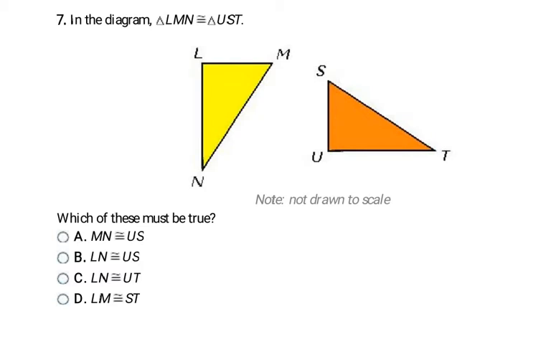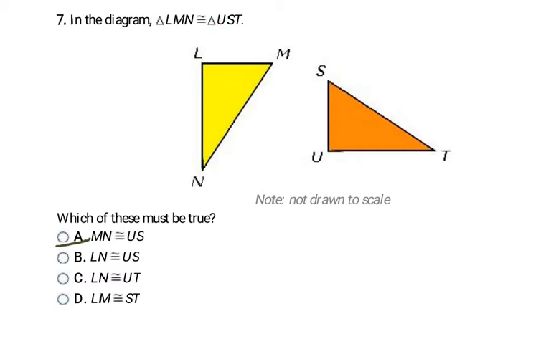Okay, in this diagram, they tell you that triangle LMN is congruent to triangle UST. So which one of these must be true? Instead of eyeballing it with the diagram, I would use this congruence statement to find the answer. MN is the second and third letter here, so that means MN is congruent to ST. Well, that's not what A says, so it can't be A. Okay, B talks about LN, first and third letter.